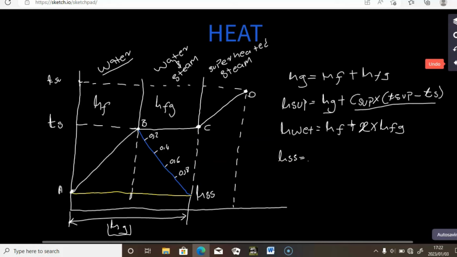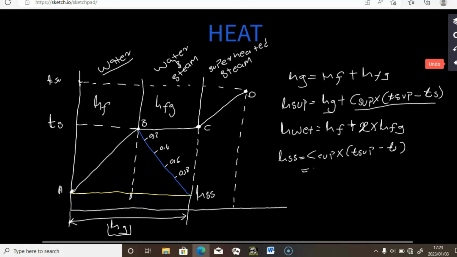We added this heat energy to take it from point C to point D. Therefore, we are going to say HSS is the specific heat capacity of superheated steam times T sup minus the saturation temperature.